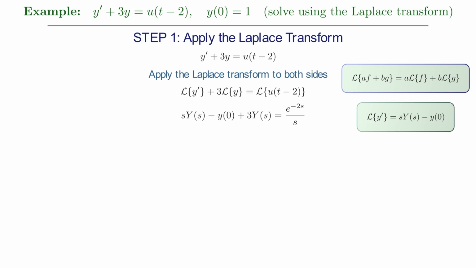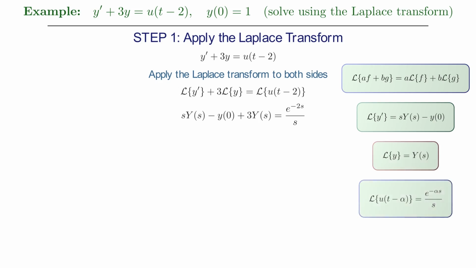The Laplace transform of y is capital Y of s. This means that 3 times the Laplace transform of y is 3 capital Y of s. And this is equal to the Laplace transform of the unit step function, which is e to the minus 2s over s, because alpha is equal to 2.